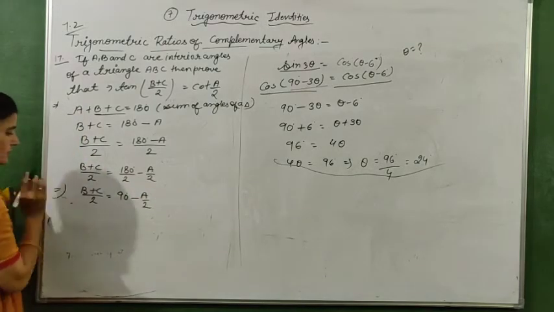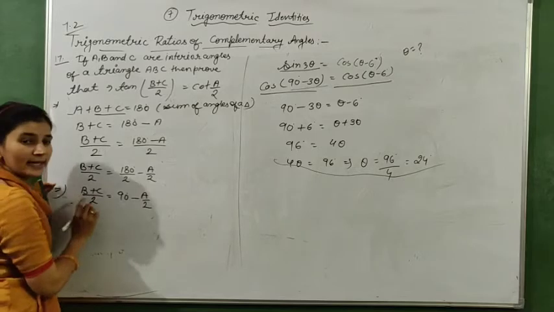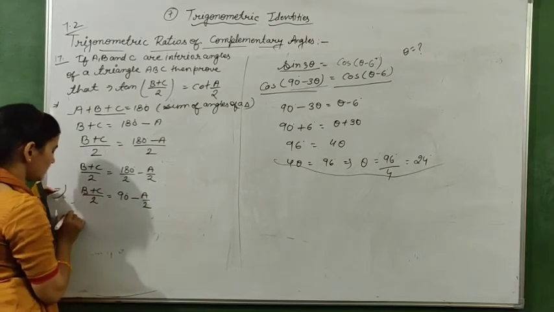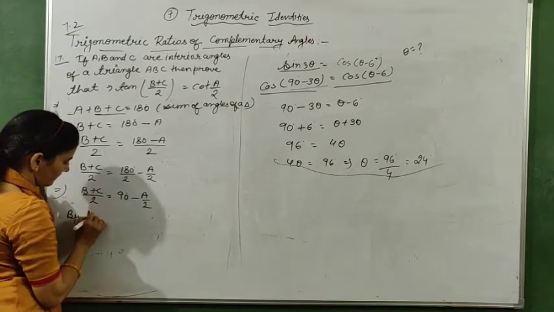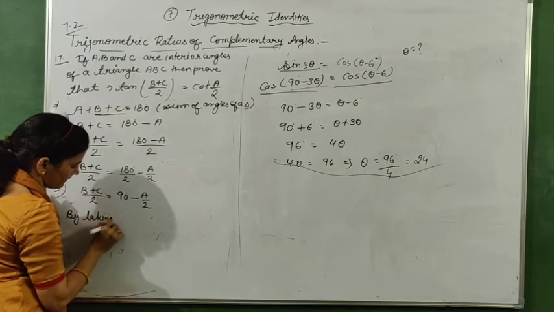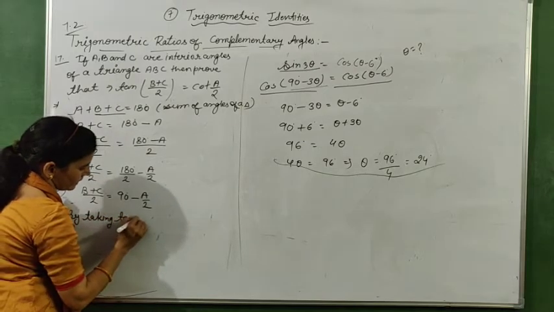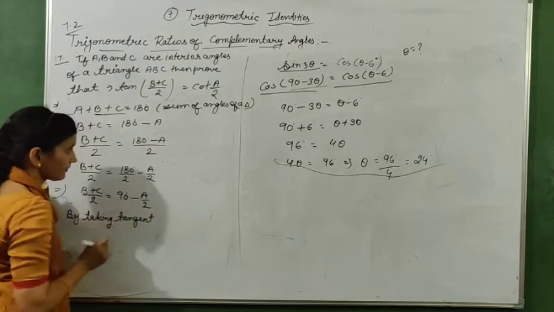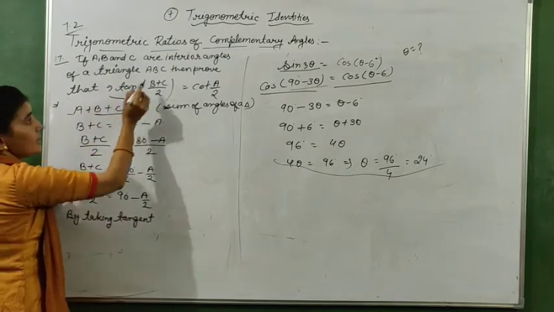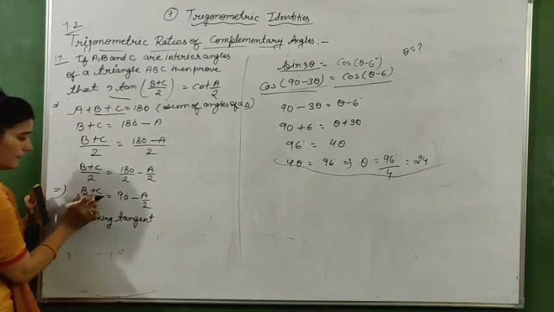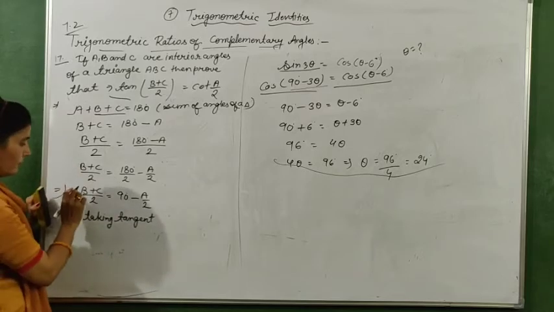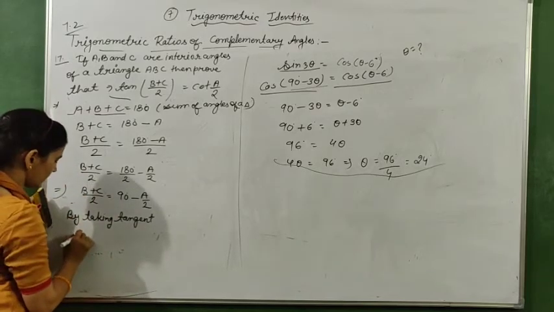So this is the equation we get. Now taking tangent of this equation, because we have to prove that tan ((B plus C) upon 2), we have to take tangent of this.